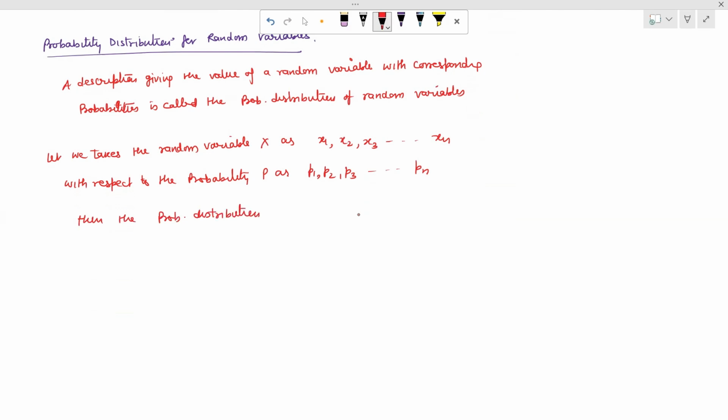of the random variable X is given by, so we can represent this using a table.